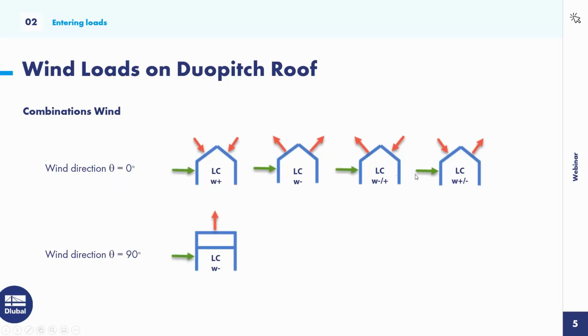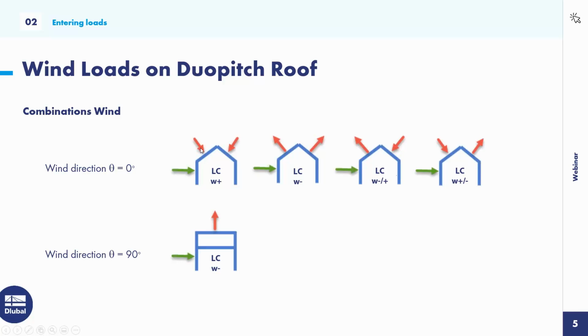These graphics here are the graphics of the Eurocode 1, part 4. We need to define for the wind direction 0 degrees wind load cases. Those are the wind loads on dual pitch roofs.